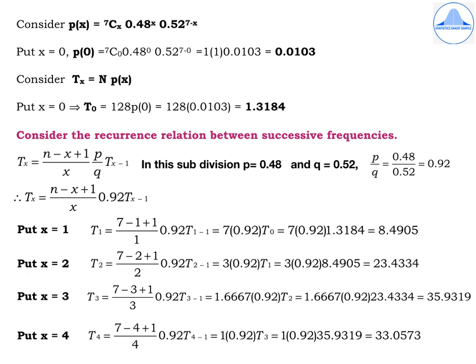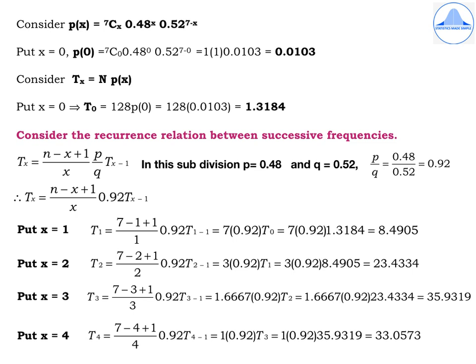And I'm considering only two places after the decimals. Otherwise, the calculations will become tedious. So our reconciliation will reduce to Tx equal to n minus x plus 1 by x, 0.92 Tx minus 1, because p by q we got as 0.92.